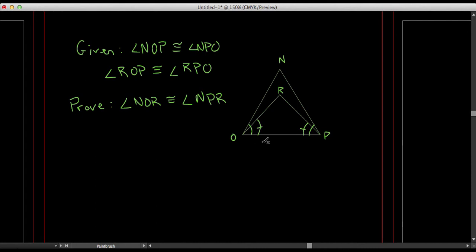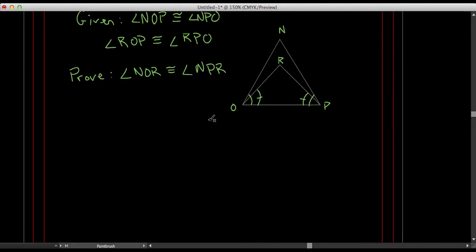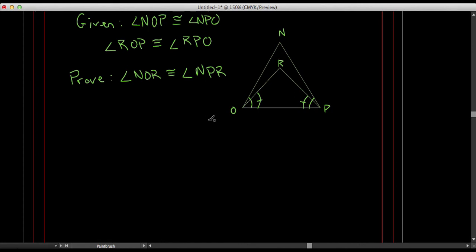It's essentially a subtraction of this smaller angle from this larger angle. And then we're left with the two angles that we're trying to prove are congruent. So that subtraction property is something that we're probably going to have to use, and that's something that I can already tell. So let's start our proof.